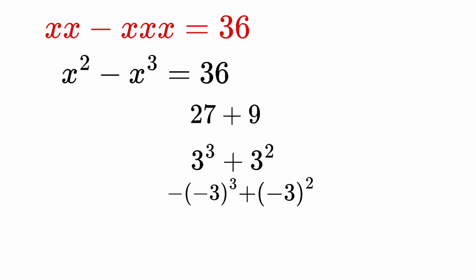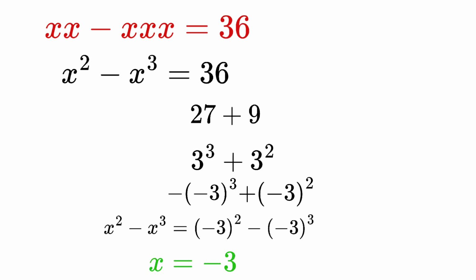Rearranging the whole equation, we can write it as x square minus x cube is equal to minus 3 whole square minus of minus 3 whole cube. From this we can consider x is equal to minus 3. This is our first answer. This is our trial answer.